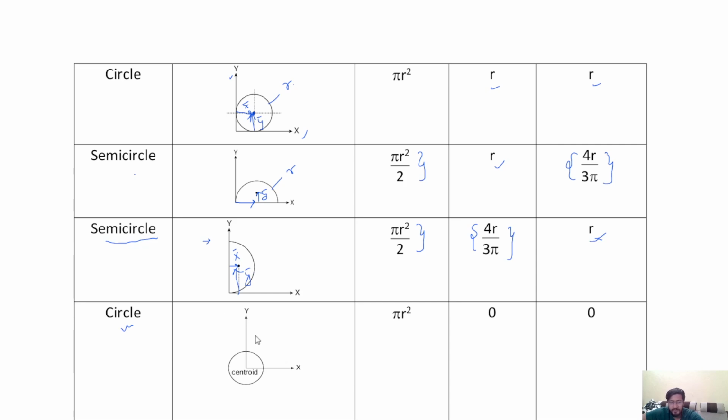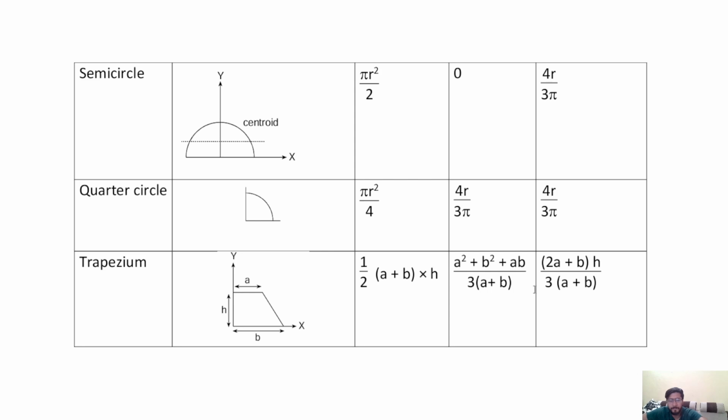If we take the reference axes like that, the centroid of this circle will be 0, 0, meaning x bar and y bar lie at this center point. So x bar is equal to 0 and y bar is equal to 0. If we consider the semicircle this way, the area will be the same, and the centroidal distance x bar is 0.